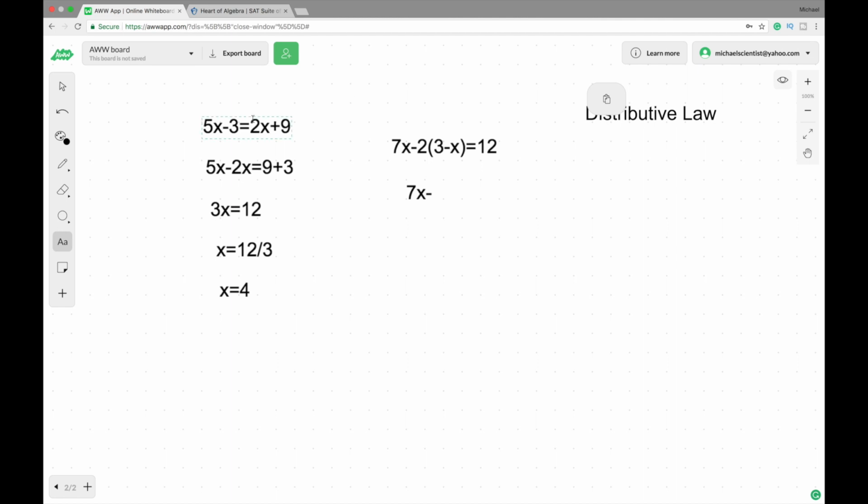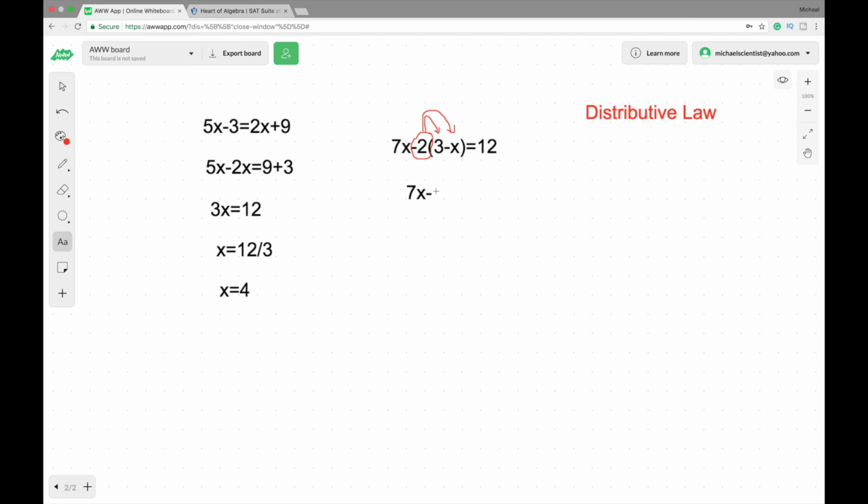So we can see here that what is immediately outside the bracket is negative 2, right? Negative 2 is immediately outside the bracket. So we're going to multiply negative 2 by each component within the bracket, right? So we're going to multiply negative 2 by 3 and negative 2 by negative x.